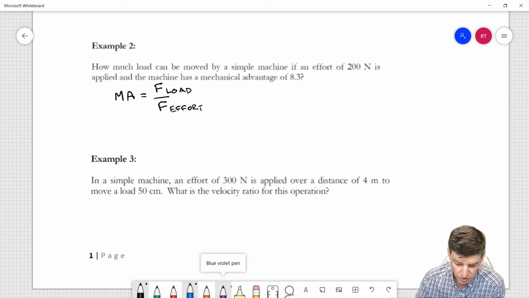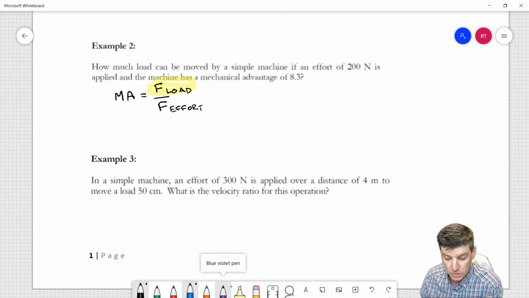We're going to be solving for the force of the load here, which means that we need to rearrange this equation. Okay, it's assumed that you are knowledgeable on rearranging equations. However, if you are having some struggles, please reach out to me, because it's a skill that you definitely need to have and need to work away at with this course.